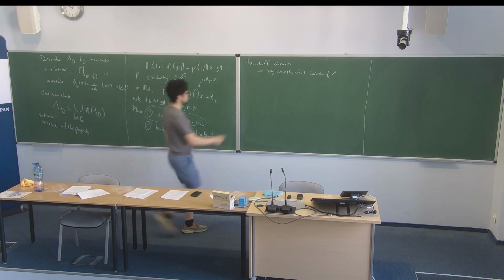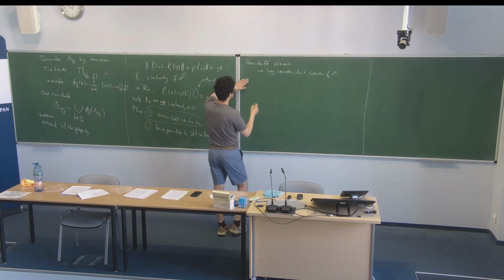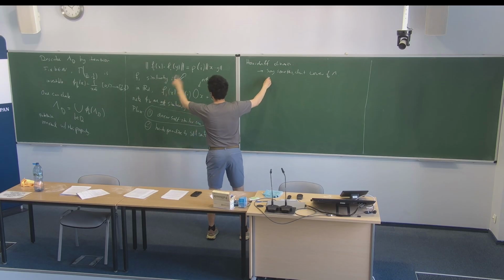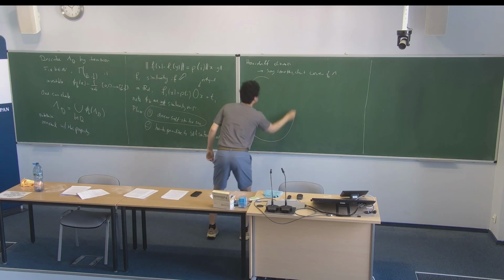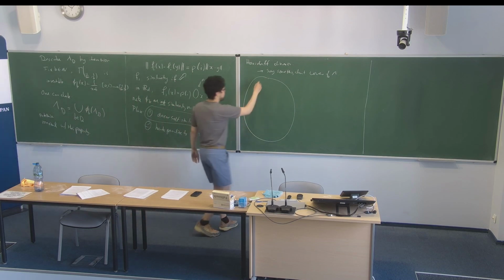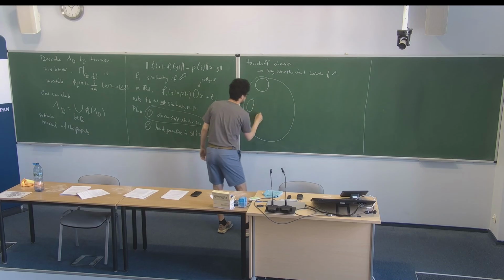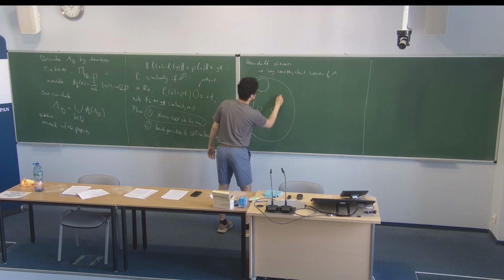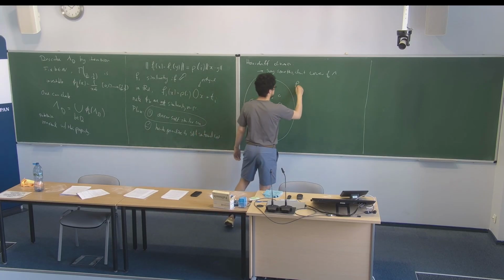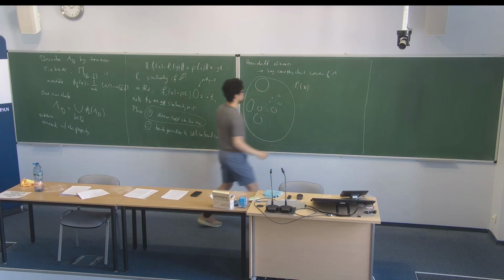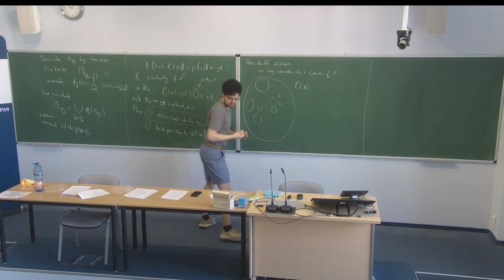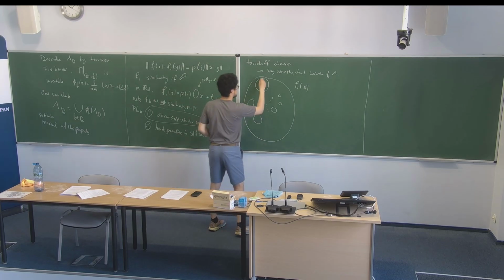So I'll draw a 2D picture instead of the 1D picture, now corresponding to the general setting. I start with my set X, and then I look at the images of X. So these are my images f_i of X. Inside each of these, again, I can take any one of these intervals and replace it with some new intervals like this.